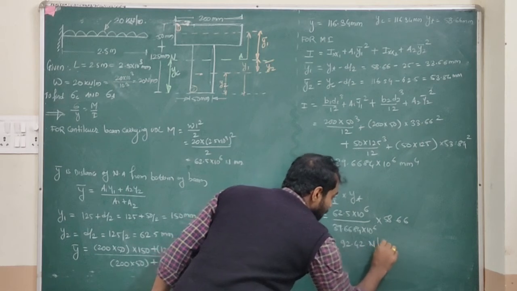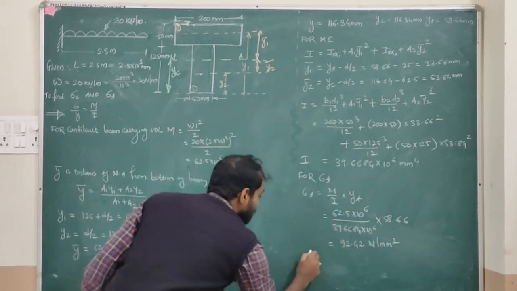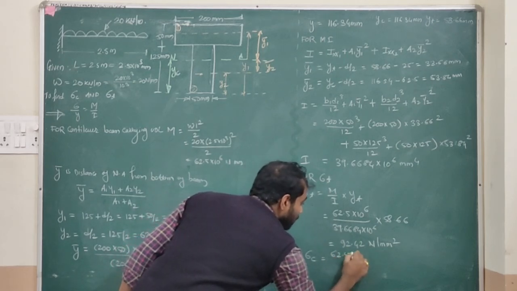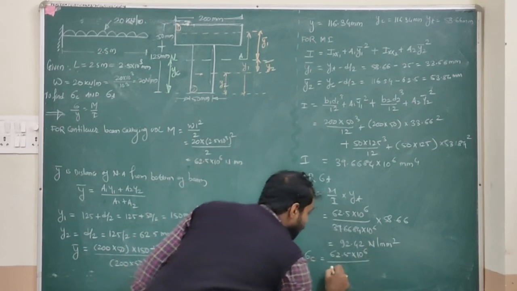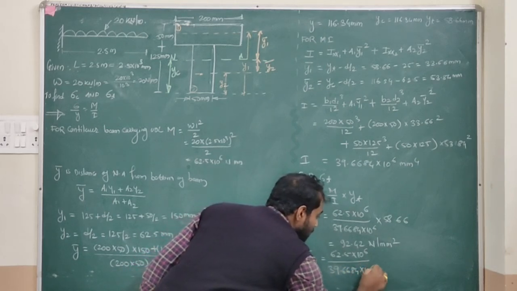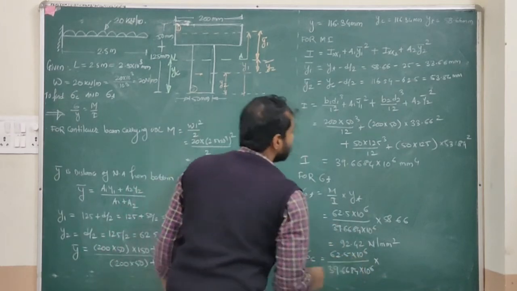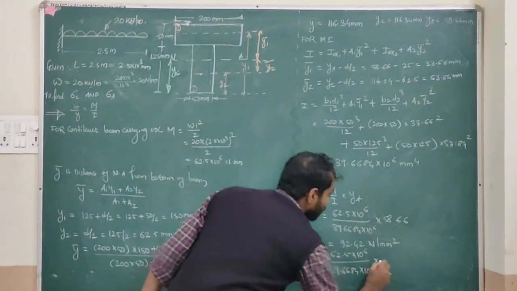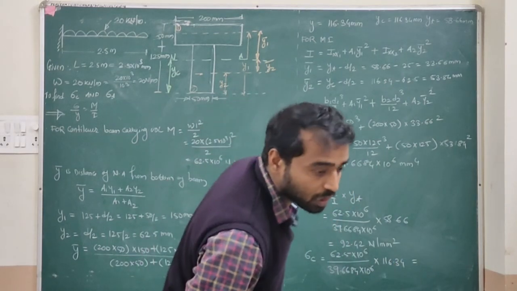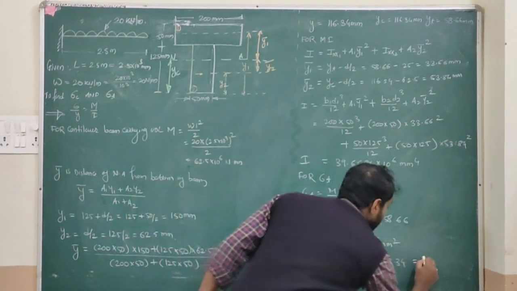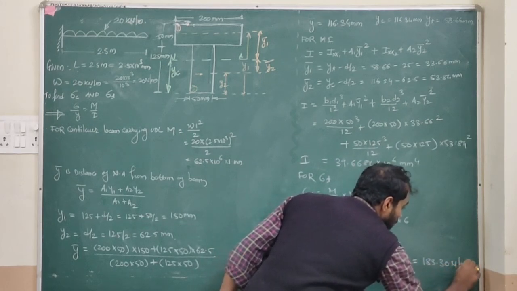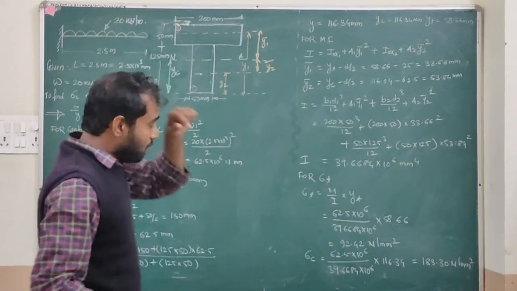Newton per mm square. Similarly for sigma c it is M, 62.5 into 10 raised to power 6, divided by 39.6684 into 10 raised to power 6, and instead of yt, here yc, which is 116.34, and that equals 183.30 Newton per mm square.